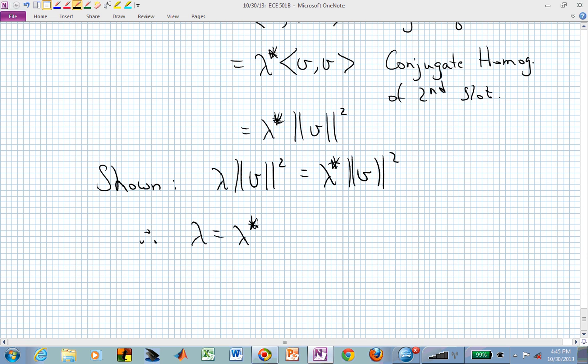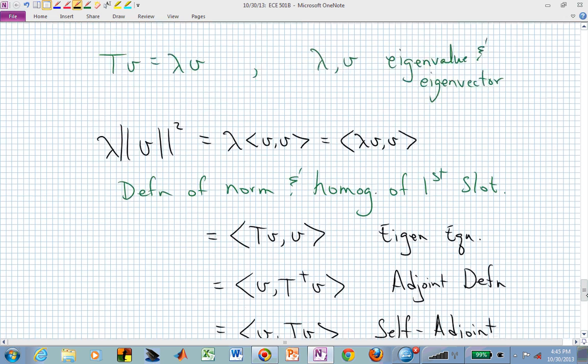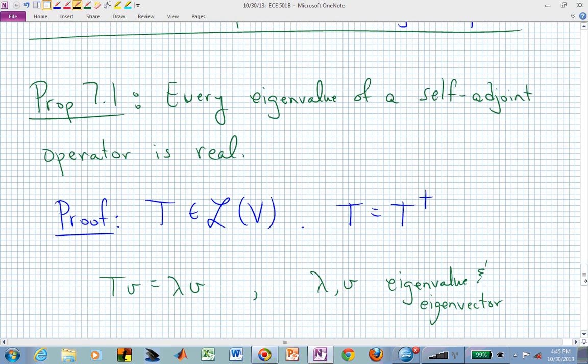Yes? The question was, how did we know it was self-adjoint? That was our hypothesis. We were given that. So we don't know, you have to be told. If you have a self-adjoint operator, then you know every eigenvalue is real. But you have to show that you have a self-adjoint operator.